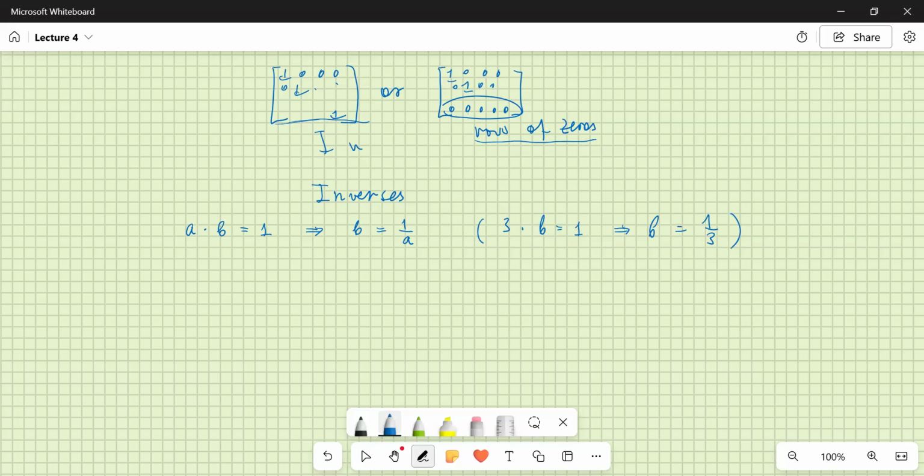Well, for matrices, there are also inverses, with some limitations. Not all matrices are going to have inverses. So I'm going to introduce a definition first. Definition.